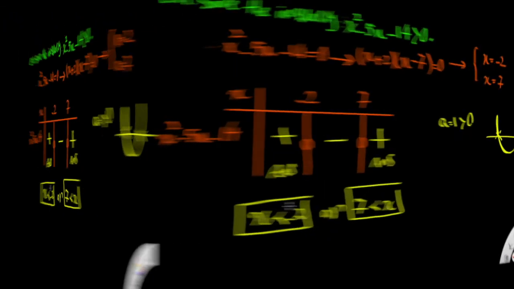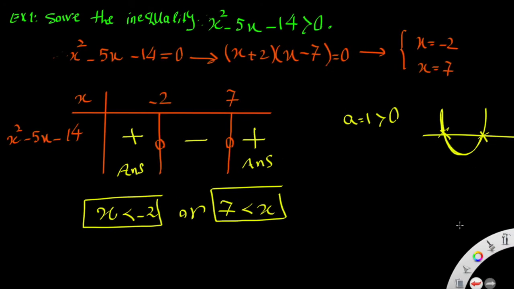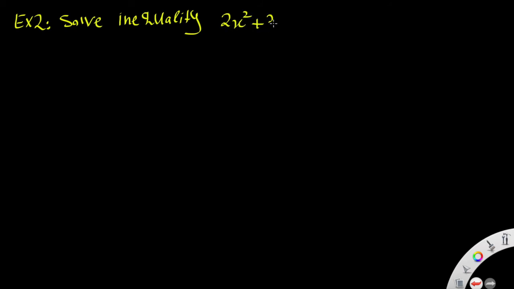Now, let's see another example. Example 2. Solve the inequality 2x squared plus 3x less or equal to 27.